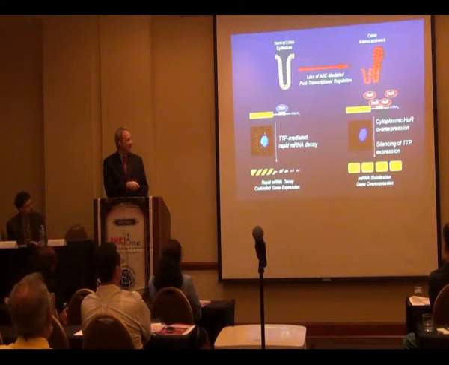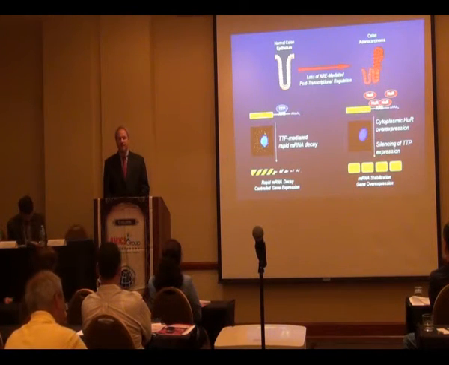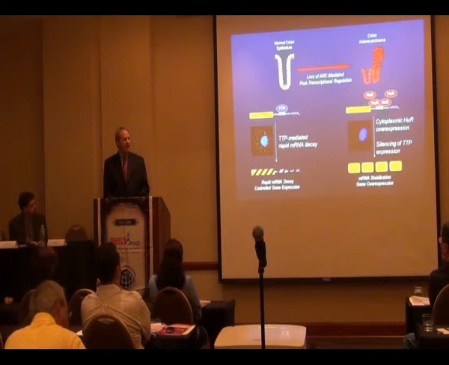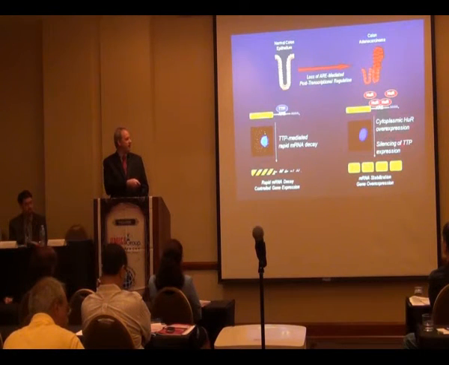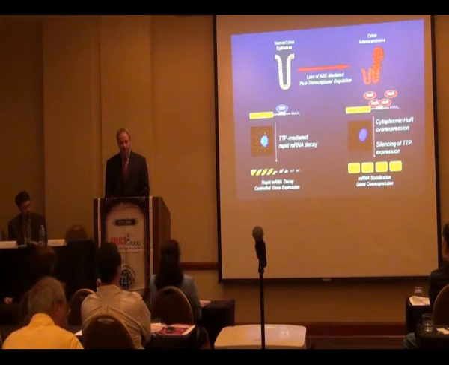And I didn't have time to show the data here, but this loss of the TTP expression actually inhibits the levels of P-bodies that are being made in these tumor cells. And so through the silencing of TTP and the upregulation of HuR, you get stabilization of these RNAs, allowing for overexpression of the potentially pathogenic genes.